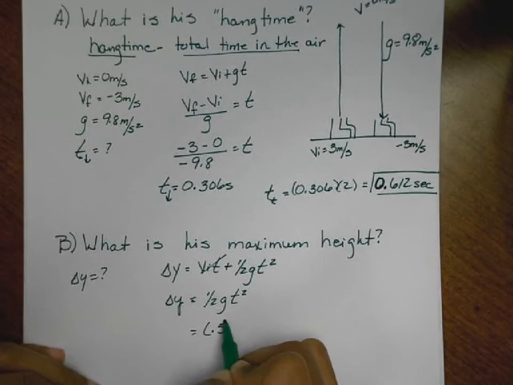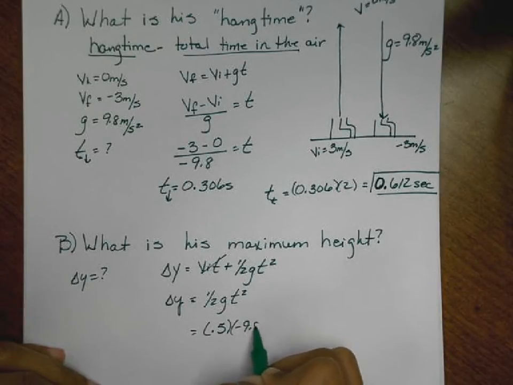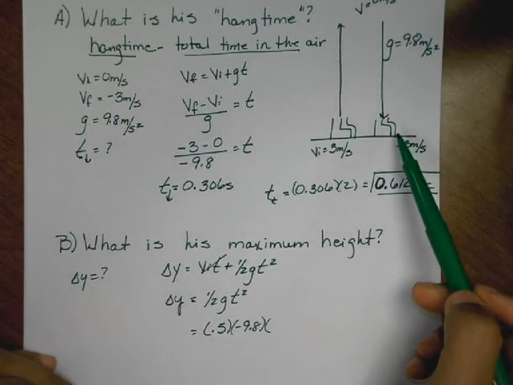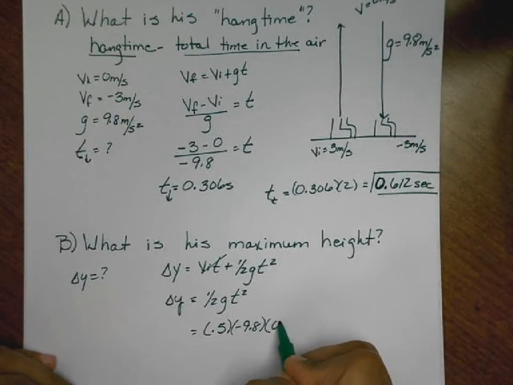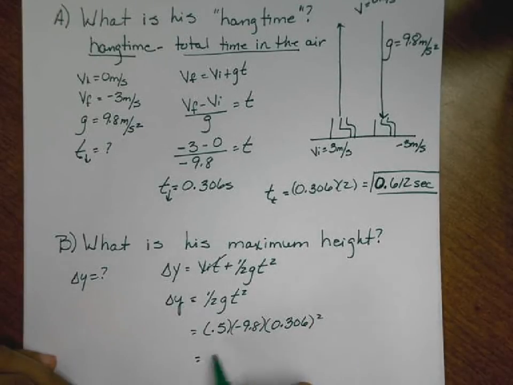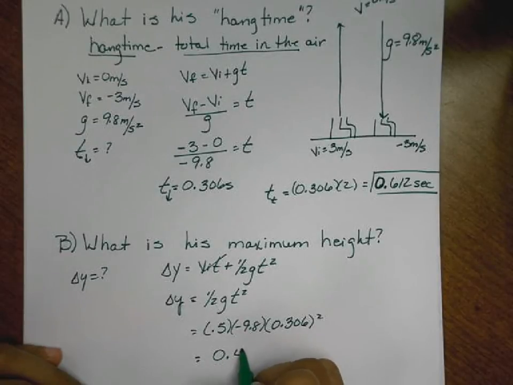So I can get 0.5 times -9.8 times just the time to come down, 0.306, and that's squared. And when I do all of that, I get 0.459 meters, and that number is negative.